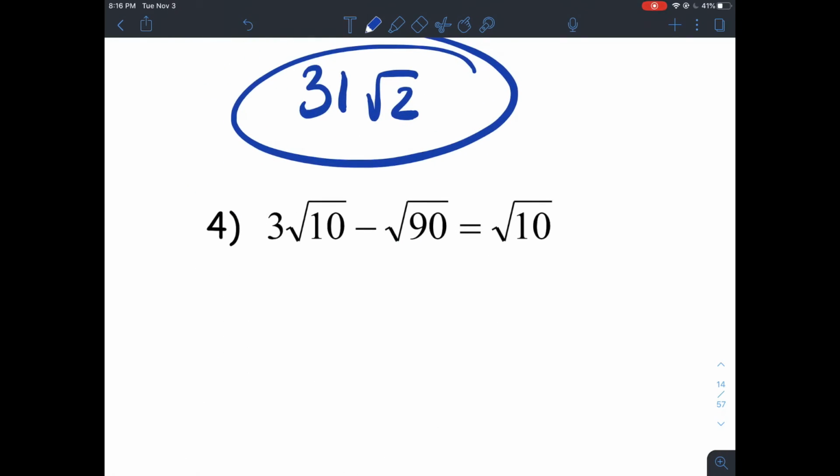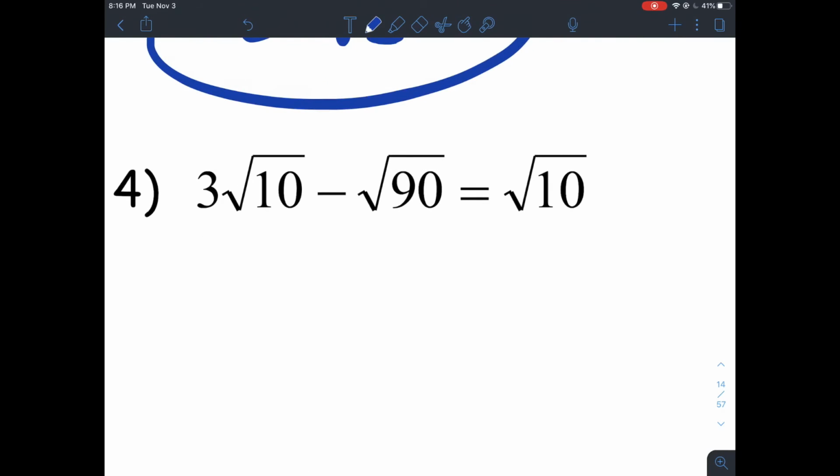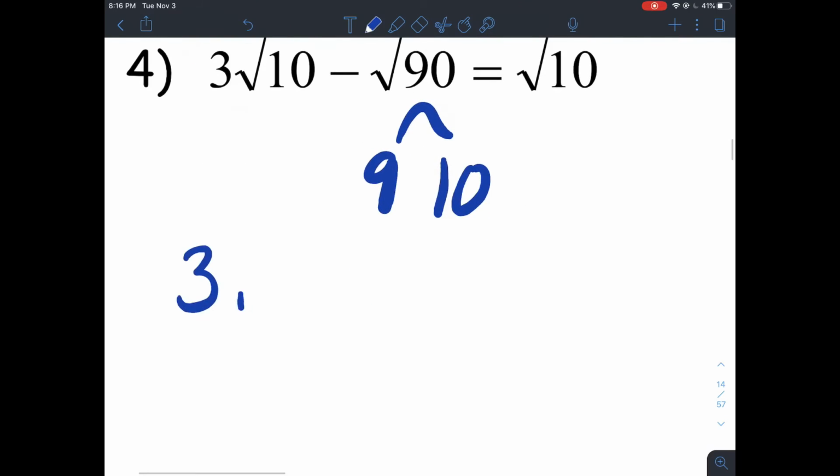All right. So here they simplified it down to root 10. Let's see if this is true. Can we simplify this down to root 10? Here we've got root 90. We could break that down into 9 times 10. We can't simplify the 3 root 10 anymore, so we're going to leave it as 3 root 10.